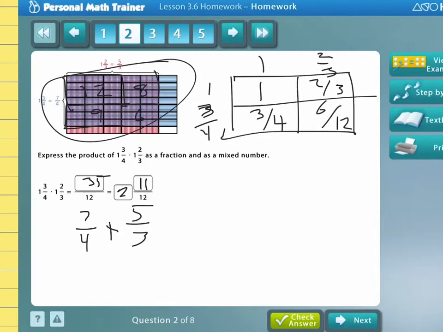Then I add those up, and I get my answer using a common denominator. That's the way that I like to solve these. To me, it seems easier. It's actually harder in terms of time, but it's easier to understand exactly what you're multiplying together.